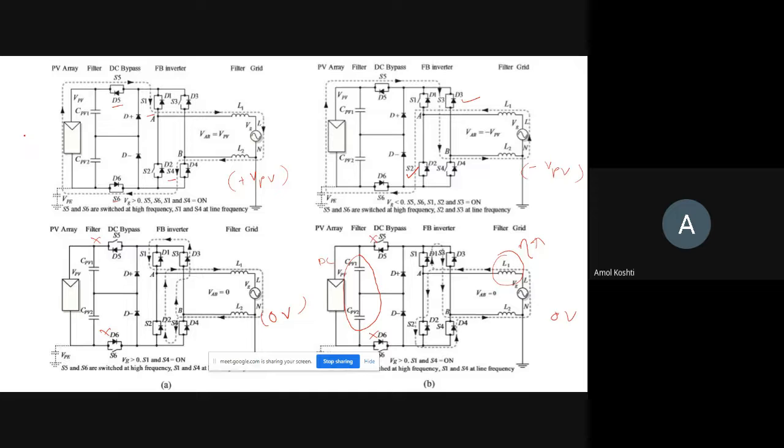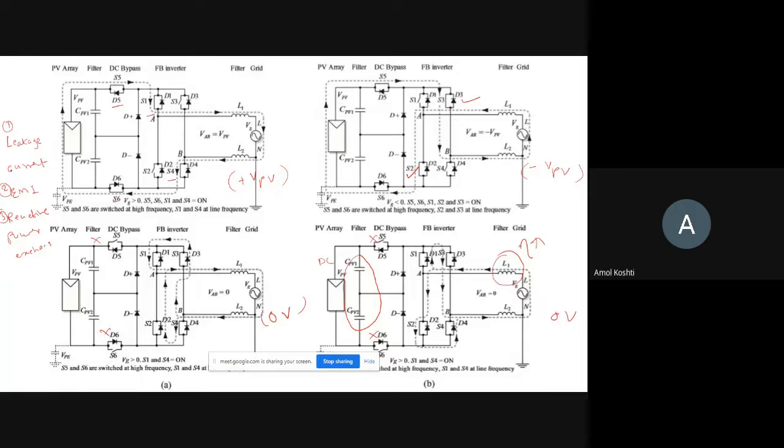First is the leakage current into the system. Then second is the electromagnetic interference, and third is the reactive power exchange.